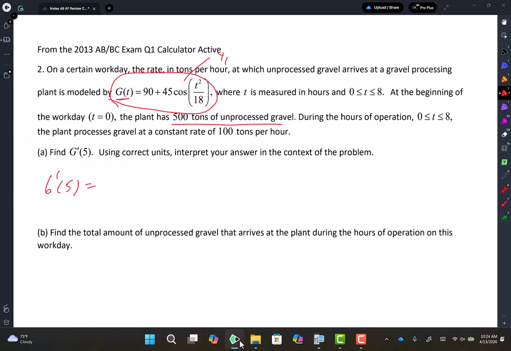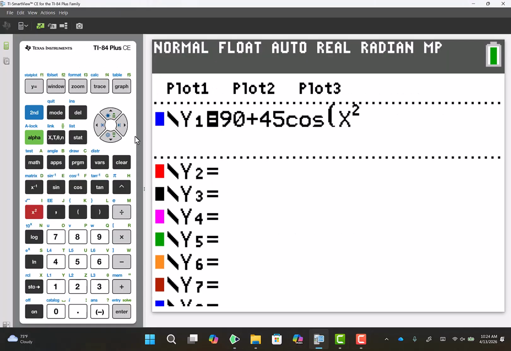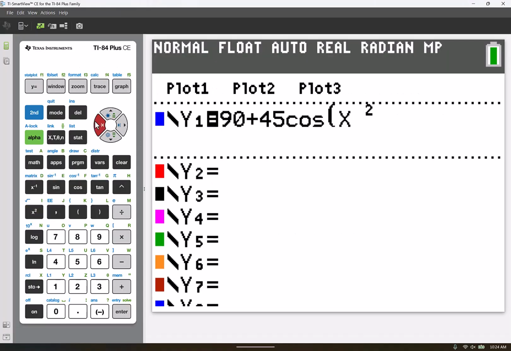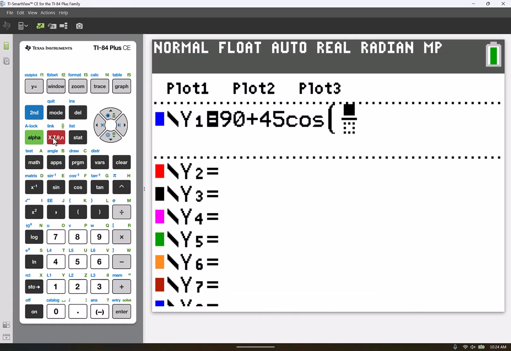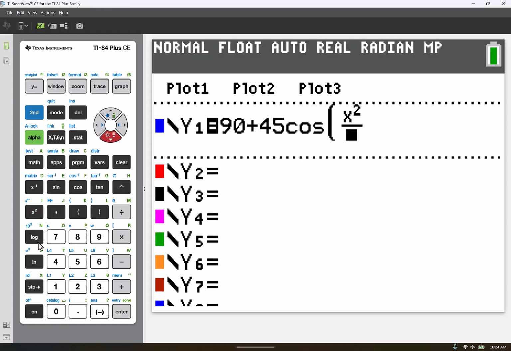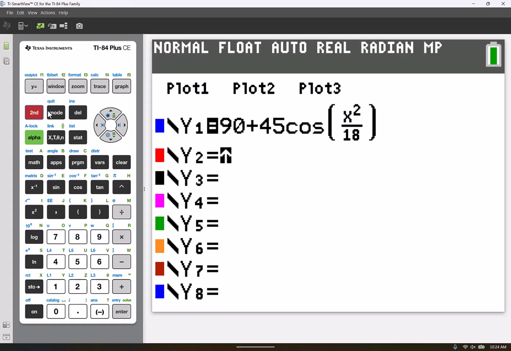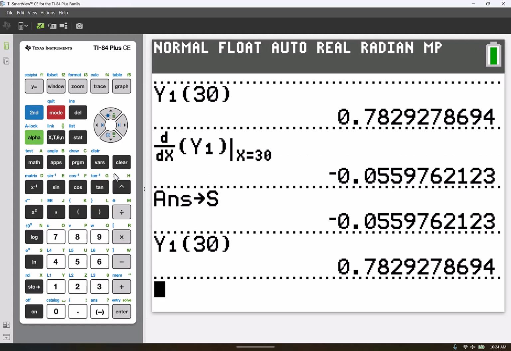How does it look? Let me see. Okay, let me make it look like that. So I'm going to use my alpha feature so we don't mess up. I know you only have one term, so it probably would have been fine. So alpha y equals, enter, x squared over 18. Okay, I got everything in there. There's my G, and I'm going to clear this.